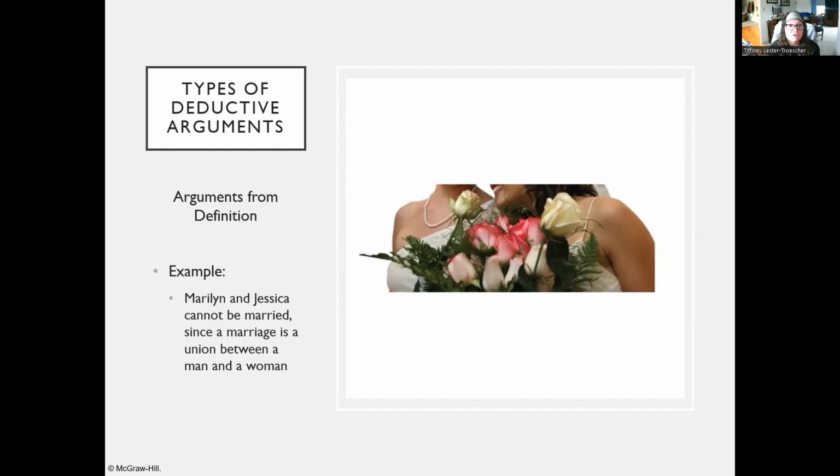But if you can prove that the definition is a union between a man and a woman, then you can prove that the conclusion is true. We do this a lot too. But certainly the type of deductive argument that we use on the most regular basis by far is arguments from elimination, process of elimination, quite frequently used.